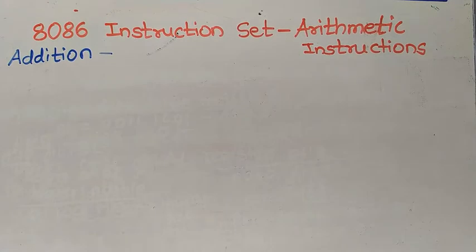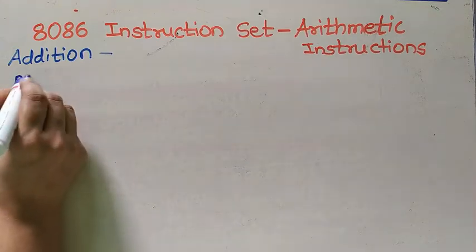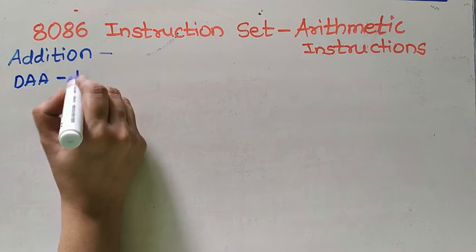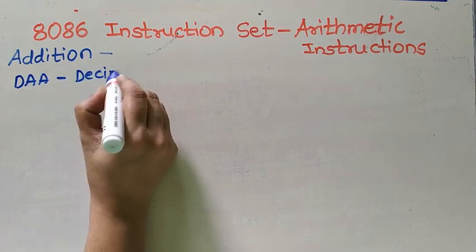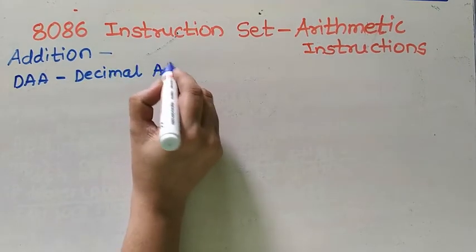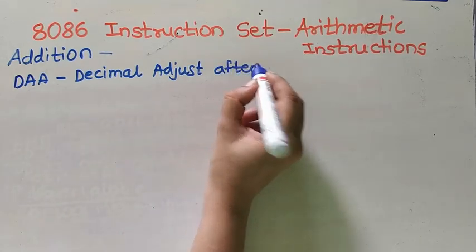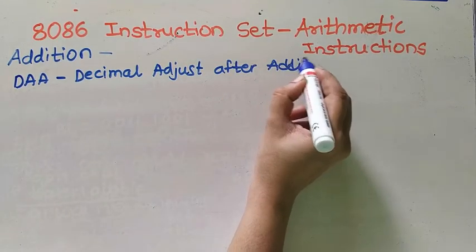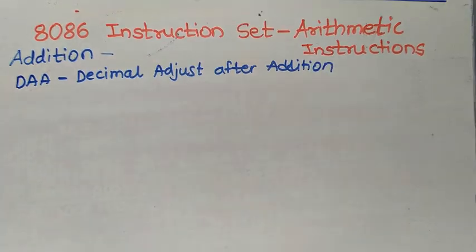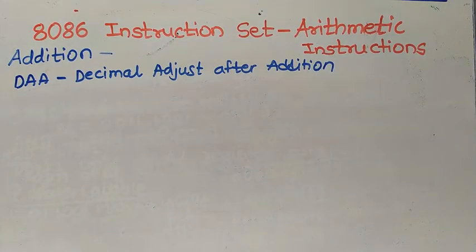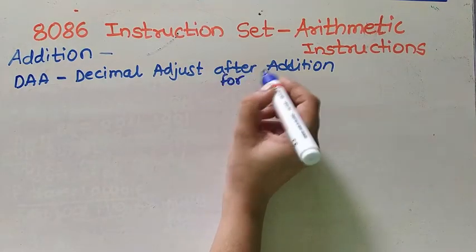Our next instruction related to addition is DAA. DAA is decimal adjust after addition, or we can say decimal adjust for addition.